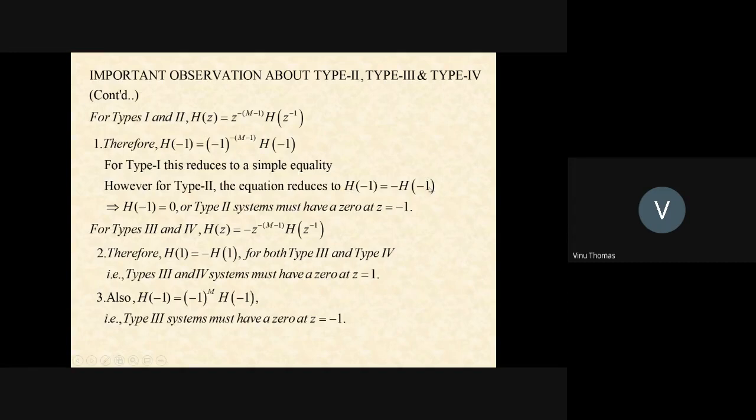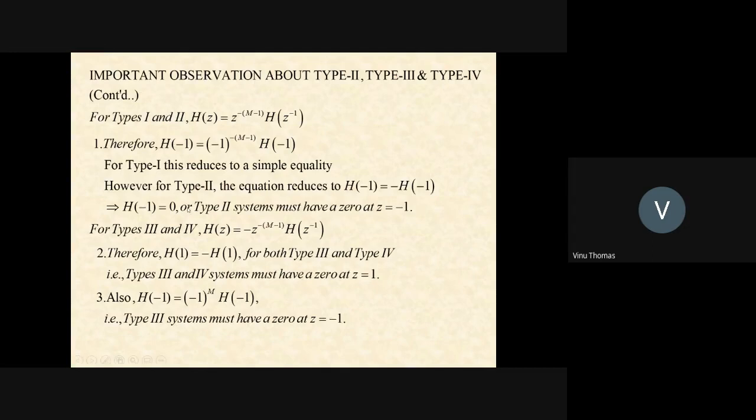Now this can be true only if h of minus 1 is 0. So this implies that h of minus 1 is equal to 0, which means that you have a zero at z equal to minus 1. So this is important. Type 2 systems must have a zero at z equal to minus 1. So for type 1, you may or you might not have a zero at z equal to minus 1, which is for you to find out.